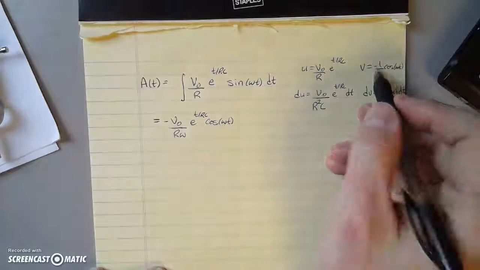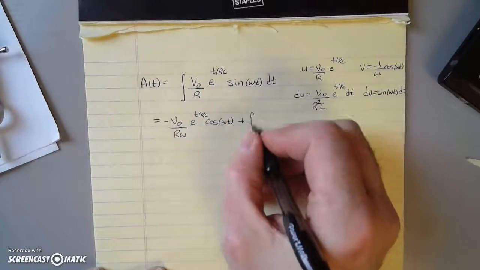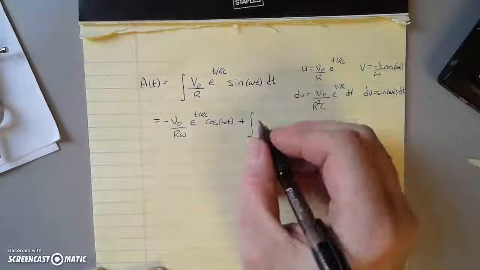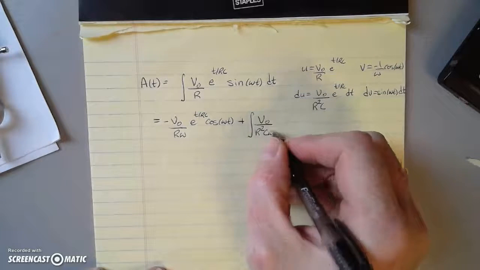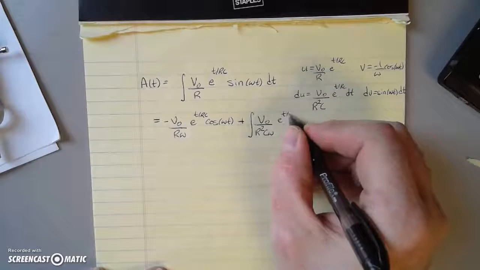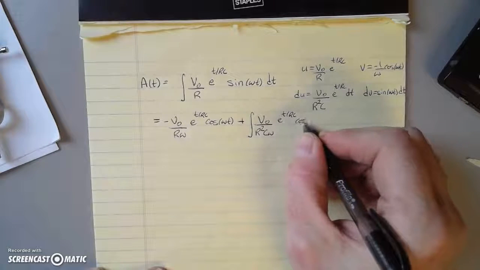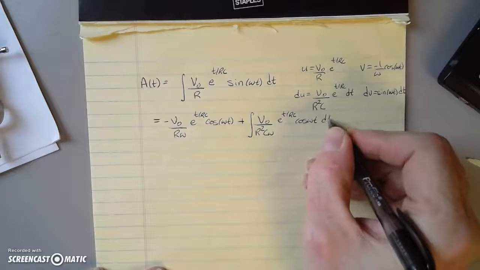But we have another minus sign here, so it'll be positive. And v du is going to be v naught over R squared C omega e to the t over RC cosine omega t dt.